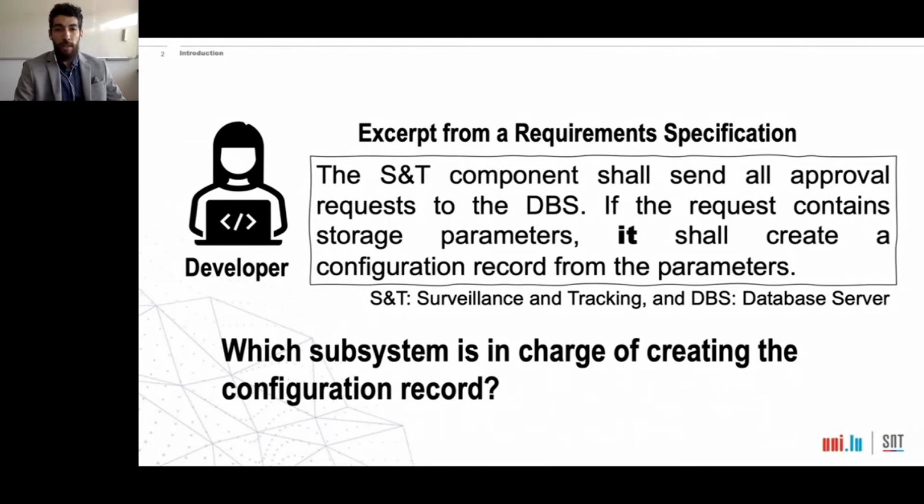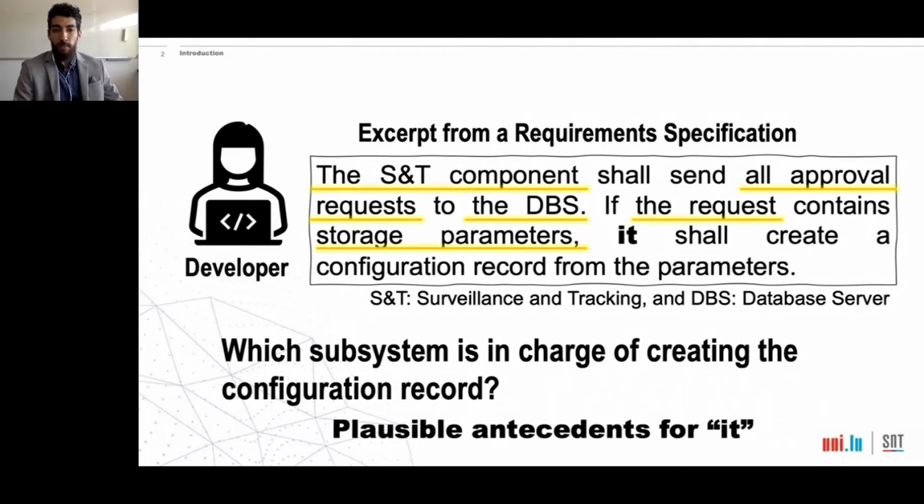In this case, the possible antecedents for the pronoun "it" are the SNT component, all approval requests, DBS, the request, and storage parameters. After eliminating the obviously wrong ones, we still have 2 candidate antecedents left, which can lead to 2 different implementations. Without domain knowledge, the developer is unlikely to correctly disambiguate the pronoun "it". And this is anaphoric ambiguity.